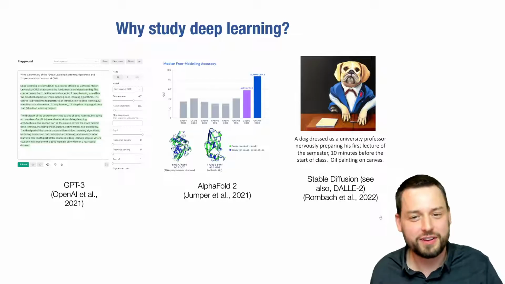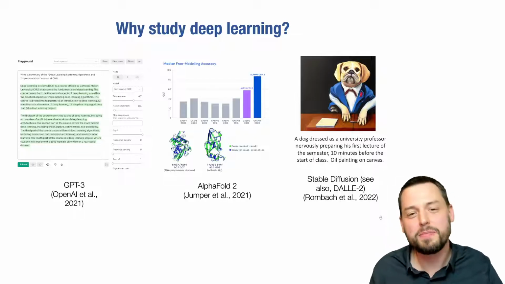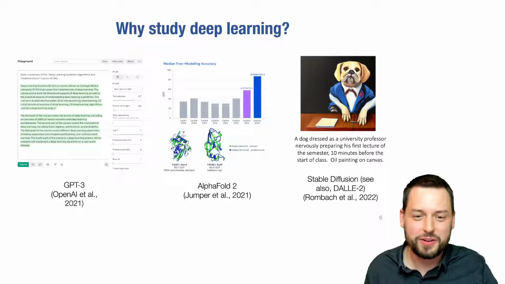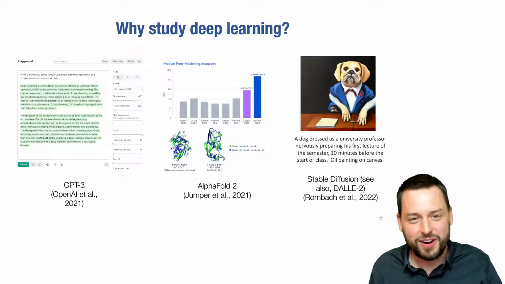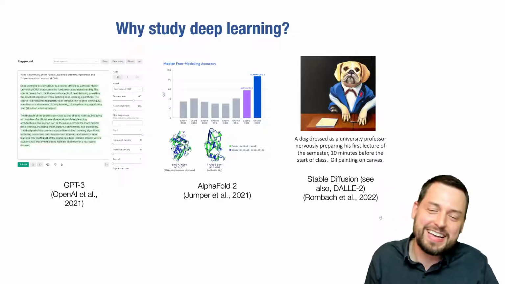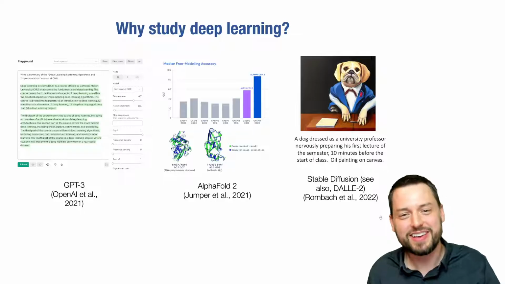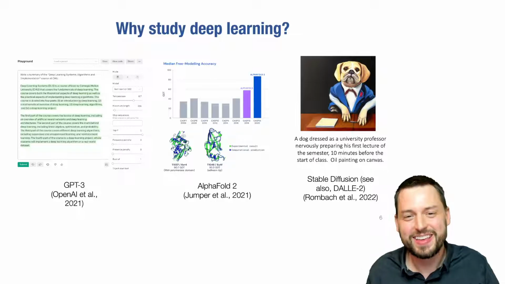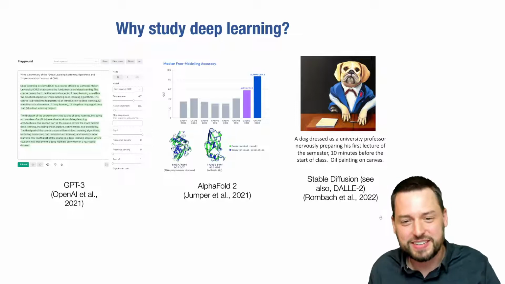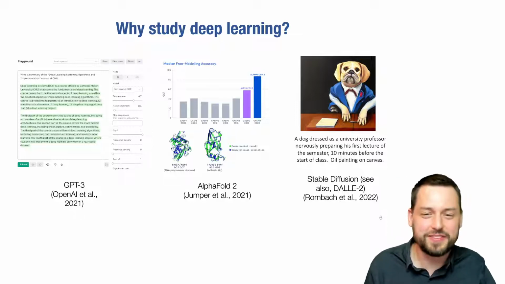I don't know why I would have thought of that. You can imagine it yourself. And it was an oil painting on canvas. And what the system generated looks like a dog dressed as a university professor preparing a lecture, I guess 10 minutes before class. That part maybe is evident in his expression. And it looks kind of like an oil painting. This is just so amazing, the capabilities that we have in these systems.